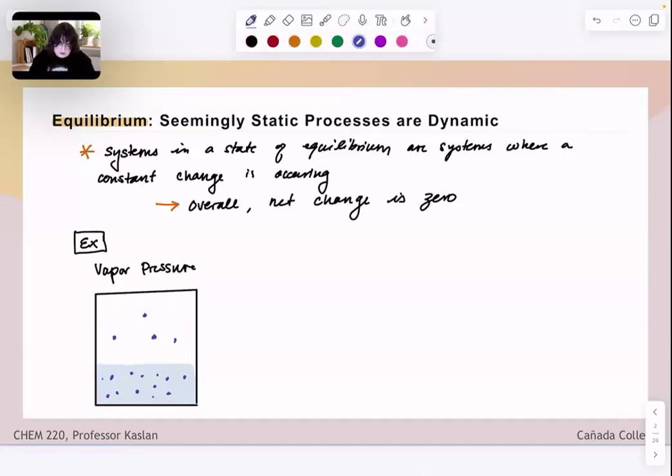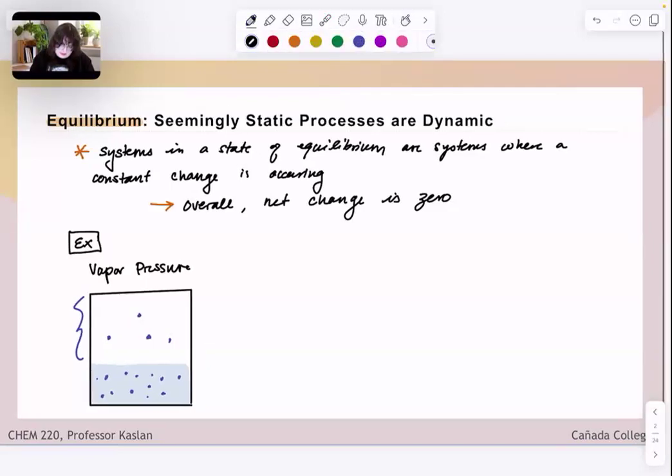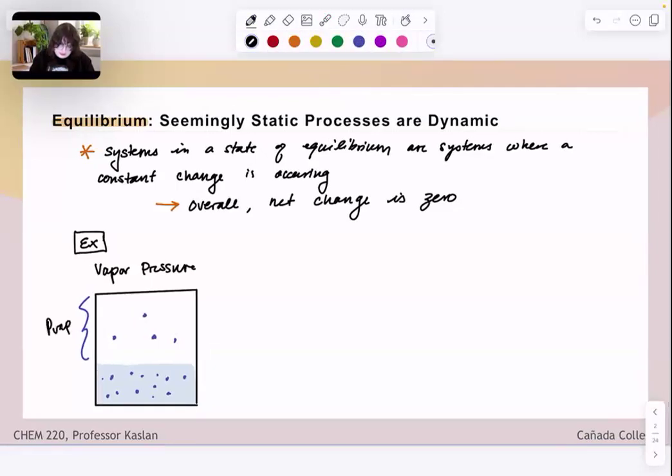The vapor pressure that we could measure from what's going on in the headspace above the liquid is the result of liquid molecules vaporizing, and then they're stuck in the vapor phase. However, we know that this is not an accurate portrayal of what's happening when we measure the vapor pressure of a solution.